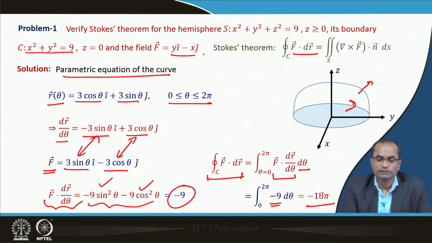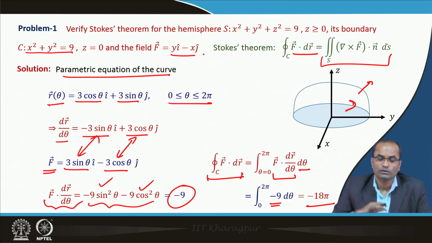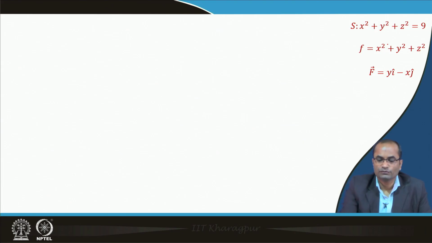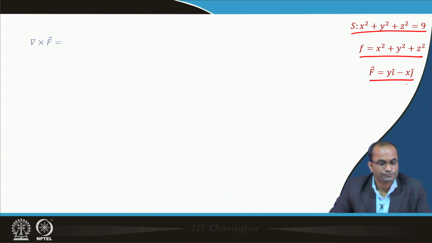And now, in the second case we will consider this right side integral, where we need to compute the surface integral over this hemisphere. So, for that, we have now the surface, the equation of the surface, this f, the function, and the vector field f.